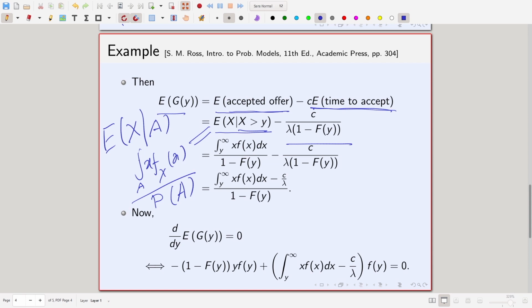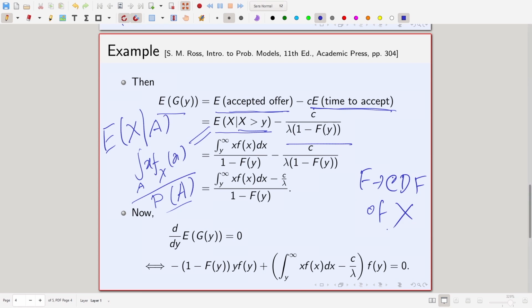Because while calculating a conditional expectation, you integrate only over the given event. So, here the event is X greater than y, so you integrate from y to infinity, and then divide by the probability of A. The probability that X is greater than y is just 1 minus F(y), because we have assumed that F is the CDF of X. Fine.